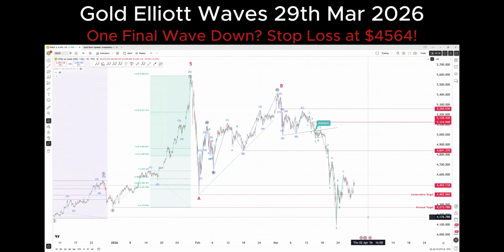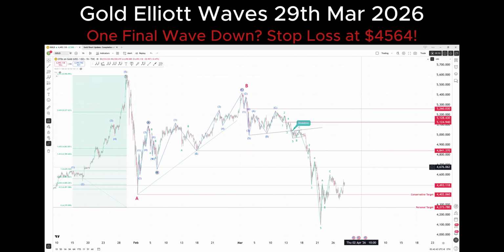And over here, I just wonder whether this is actually a wave one down. The reason I'm not so sure is because I think this could be a double combination. So it could be an ABCX and then ABC or something. If not, this one could be a B C, so this one becomes A B and then a C.